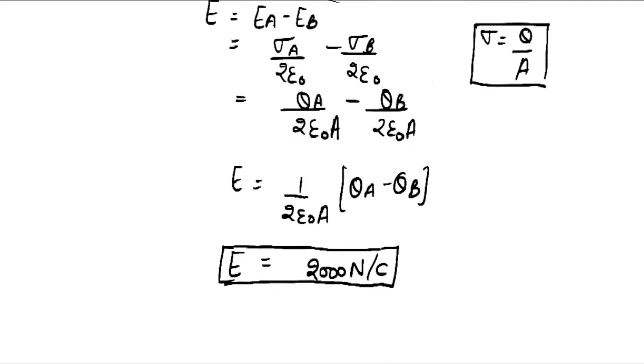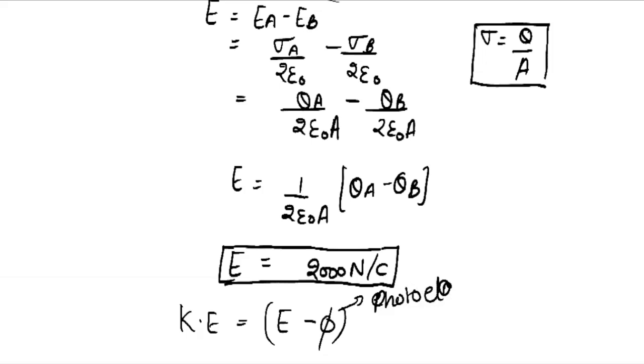Lastly, the last part of this question is to find the kinetic energy. The kinetic energy is equal to the energy of the photon minus the work function. This is for the photoelectric effect. But in this case we have an additional force on the electron because of plate B, which is already positively charged.